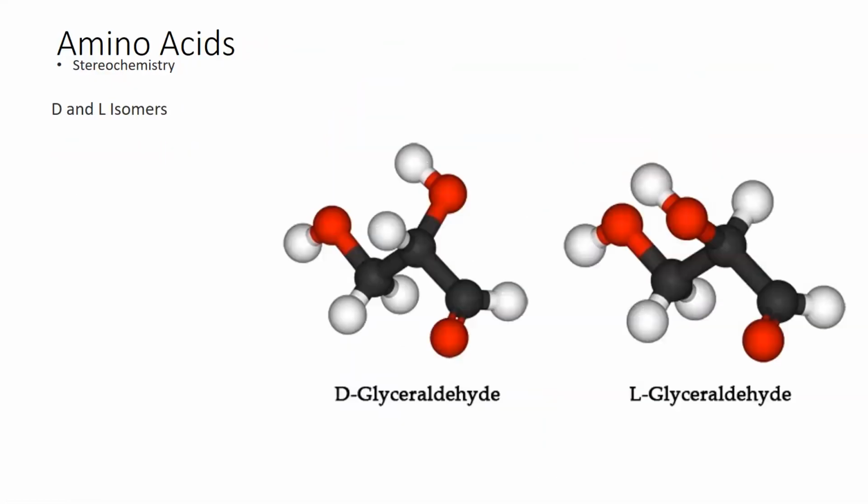So isomers show us a different configuration with the same exact molecular structure. So being an isomer means that you have the same number of carbons, the same number of hydrogens, but you are arranged differently. We will see this when we discuss carbohydrates.